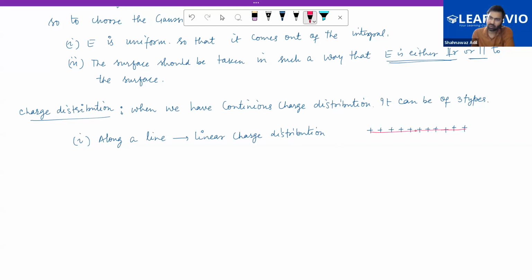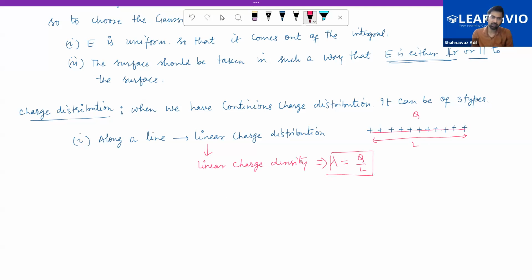And for this linear charge distribution, we have linear charge density. Let's say the whole charge is Q and this length is L. So this linear charge density, which is lambda, is represented as Q by L.